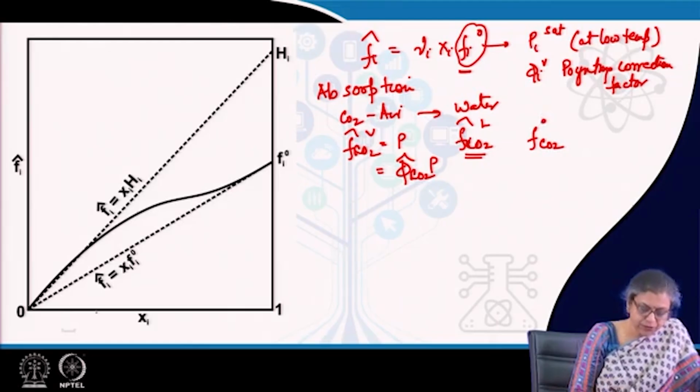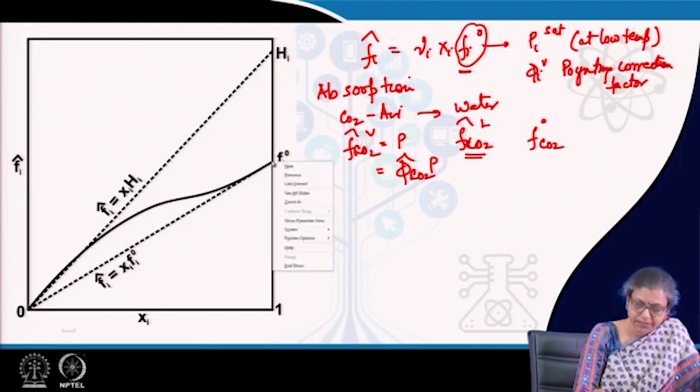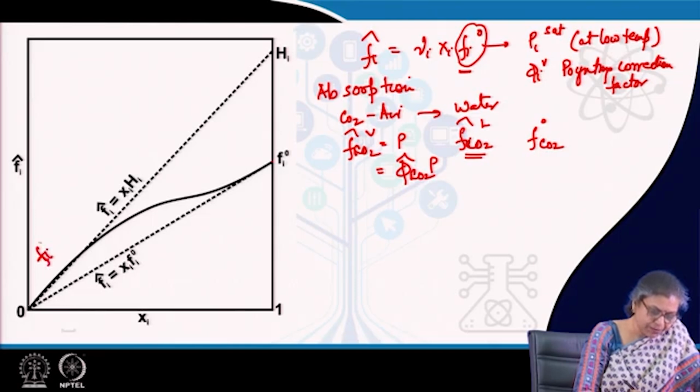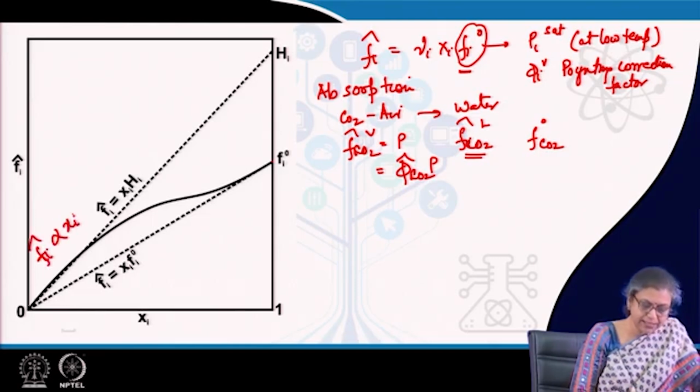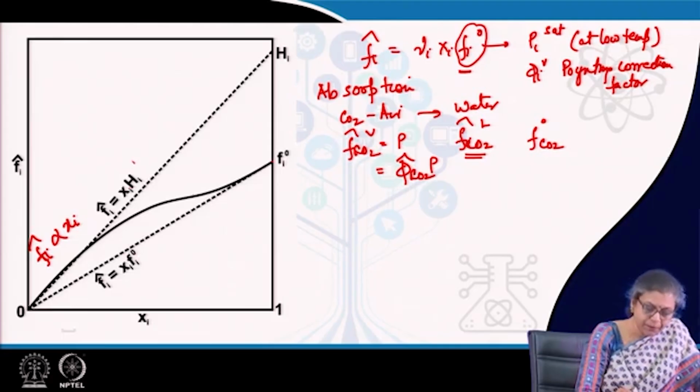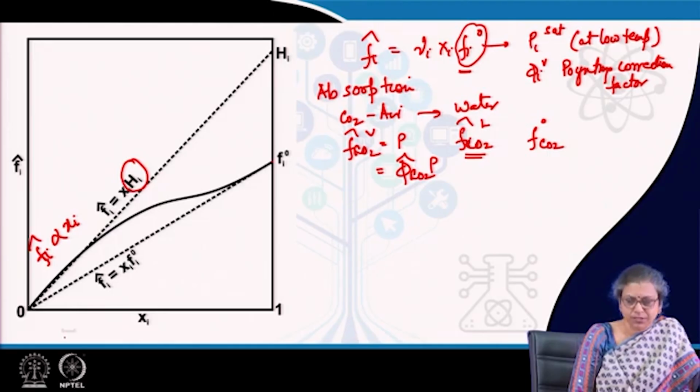So, when we refer to the graph of the partial fugacity with composition, we find that just like at very large compositions, Fi is proportional to Xi and the proportionality constant is Fi0, at very low compositions also, Fi is proportional to Xi, but the proportionality constant is not equal to Fi0, but it is the Henry's law constant.